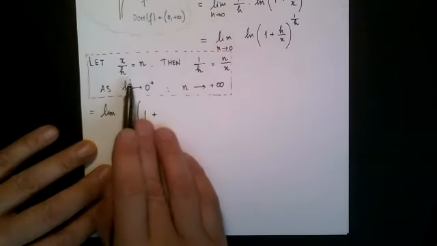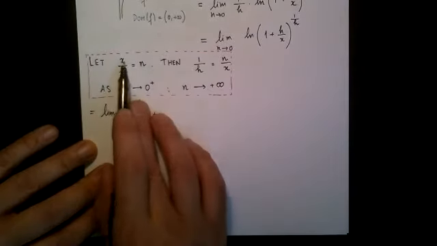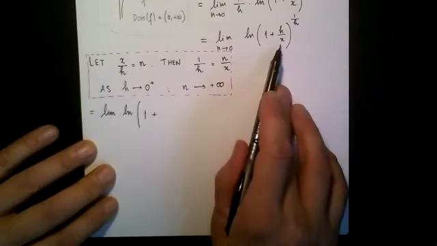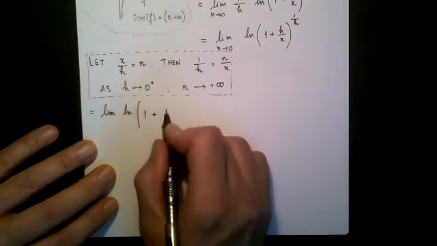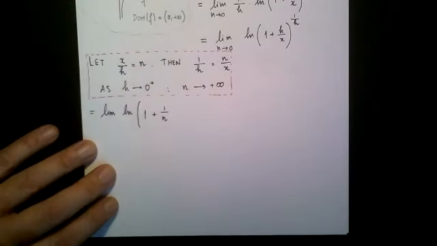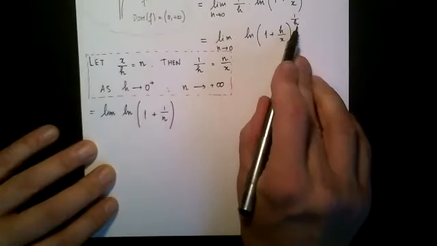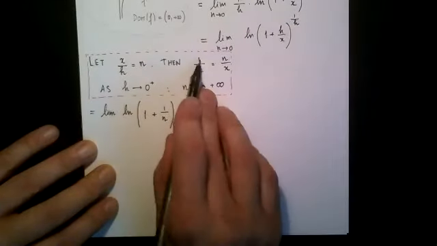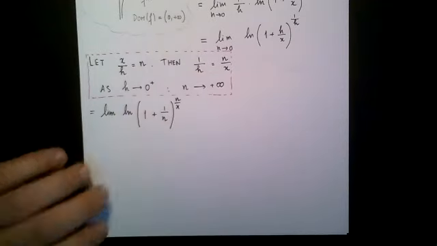So what's h over x? x over h is n, right? x over h is n. h over x is what? 1 over n. Very good. 1 over n, and to the power of 1 over h, and 1 over h we said was n over x. Is this okay?